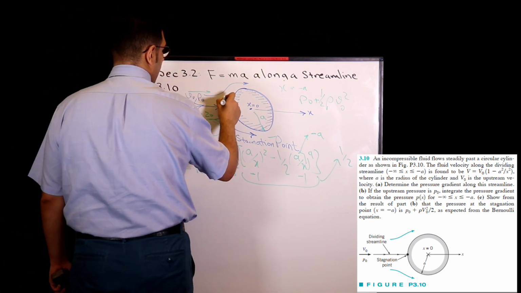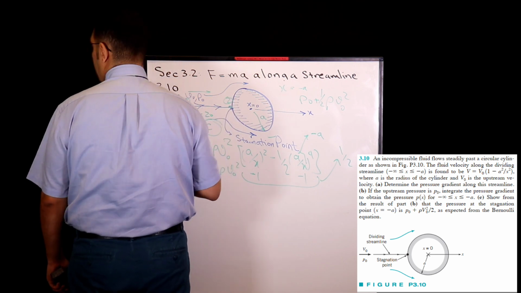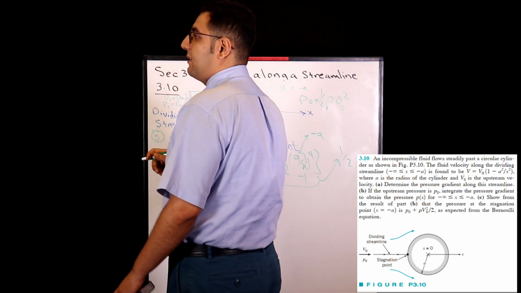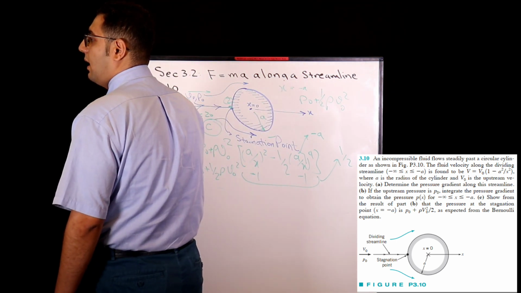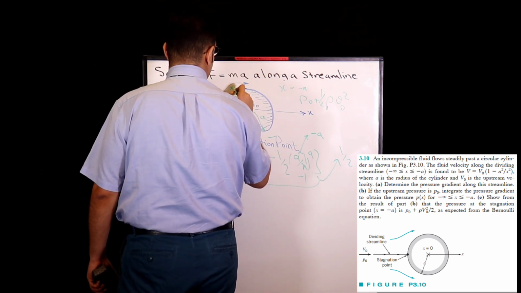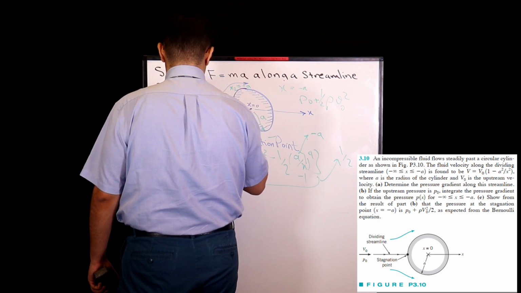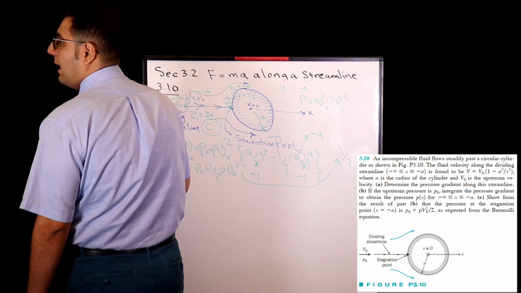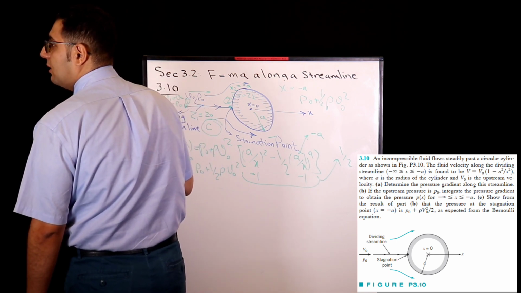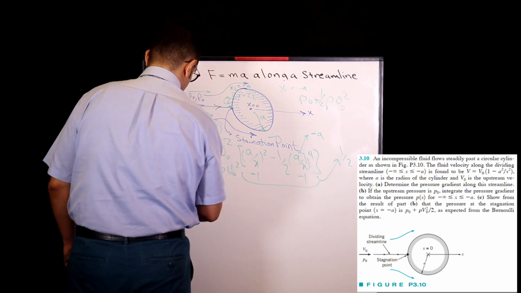For point 2, we have x2 equal to minus a, Z1 equal to Z2, and the pressure is going to be resolved.